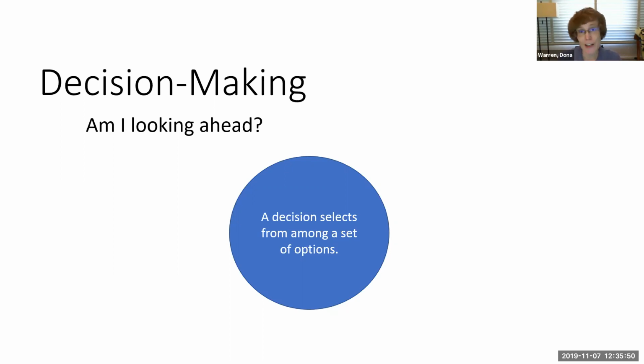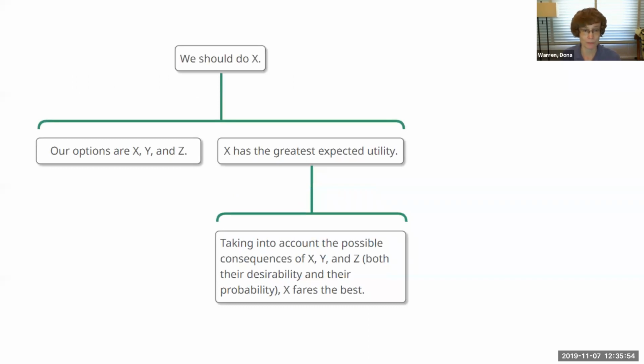So here is a standard decision-making framework. If we realize that we have a set number of options, I'll call them X, Y, and Z, in order to decide that we should do X, we need to determine that X has essentially a competitive advantage over options Y and Z. What kind of advantage would that be? Well, the technical term is expected utility.